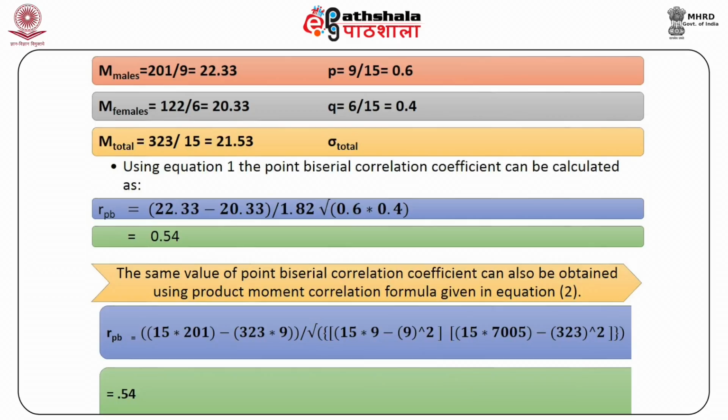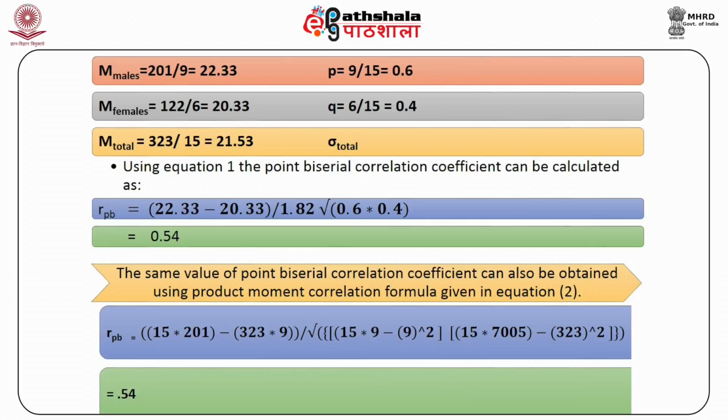First, we are going to use equation 1 for the calculation. We find the males mean to be 201 upon 9, that is 22.33. The females mean is calculated to be 122 upon 6, that is 20.33.